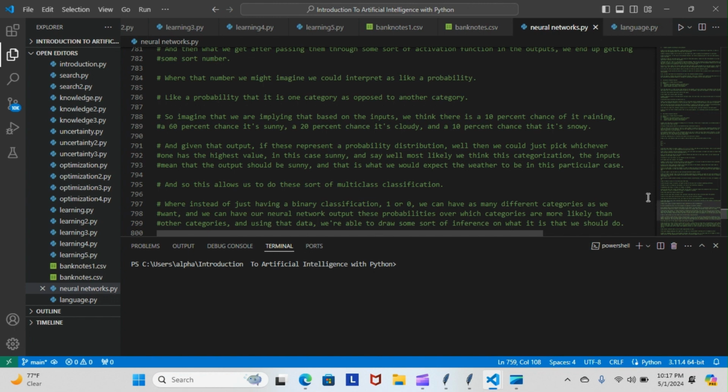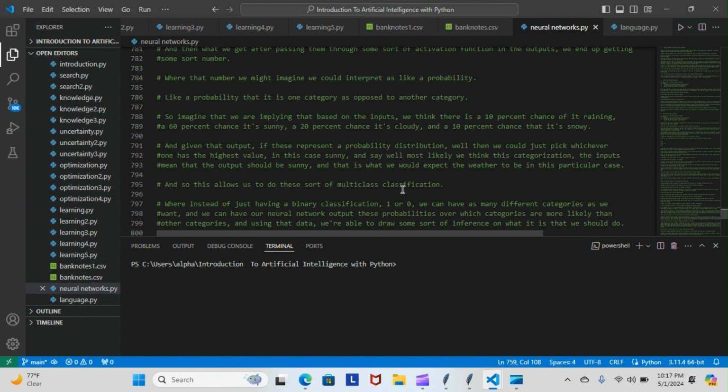So it's saying that if this was a probability distribution, we would pick the state with the highest chance of happening, which would be a sunny day because there's a 60% chance of it being sunny as opposed to the rest of the states, with a 10% chance of raining, a 20% chance of cloudy, and a 10% chance of snowing. That's what that means.